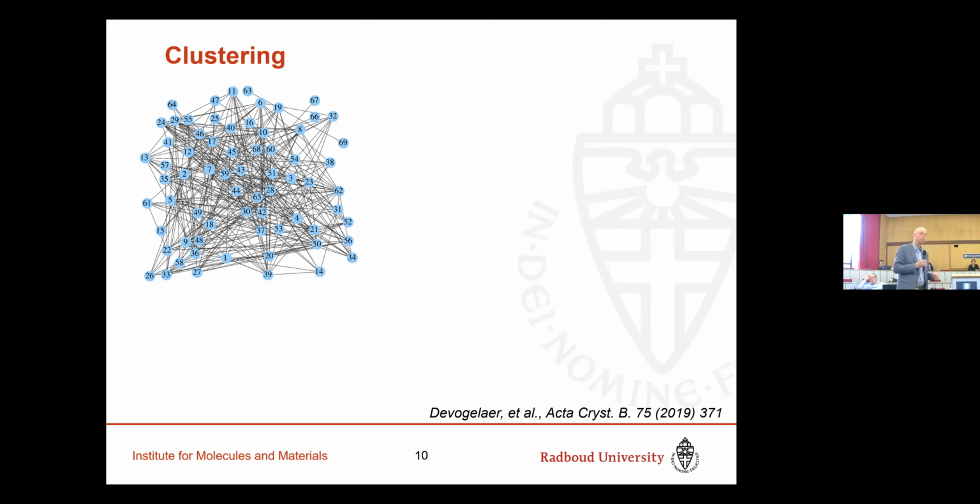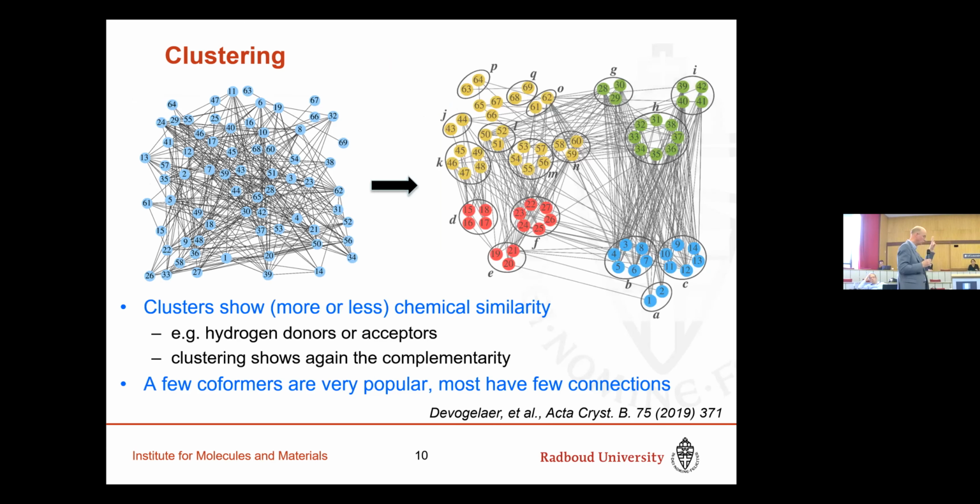So here, well, the thing is a bit slower, I see. Here is, well, actually, this is a subset of co-formers that have many partners. But if you do this grouping, then you'll find that there are sort of sub-clusters, and you see them on the right, where within a cluster you see very few edges. So internally, they don't bond together.